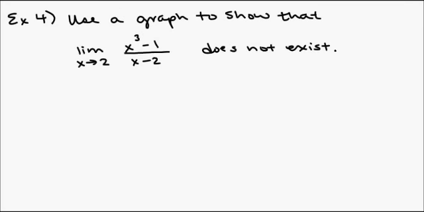Example 4, this is the last example in this video. Use a graph to show that the limit as x tends to 2 of x cubed minus 1 divided by x minus 2 does not exist. So let's pull the graphing calculator up again.